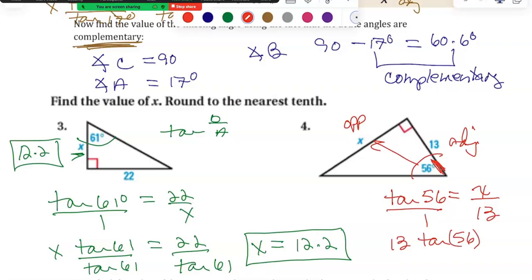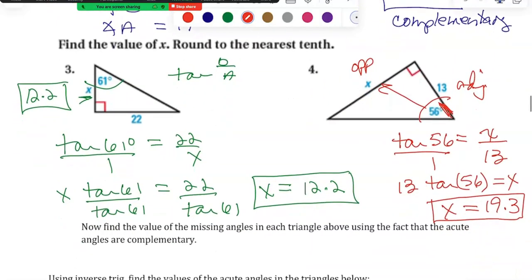Remember to close those parentheses. That's going to equal x. That goes in your calculator, and x is 19.3. Again, it is a unit measurement. It is not an angle. So therefore, there are no degrees on it. It's just a plain old number.